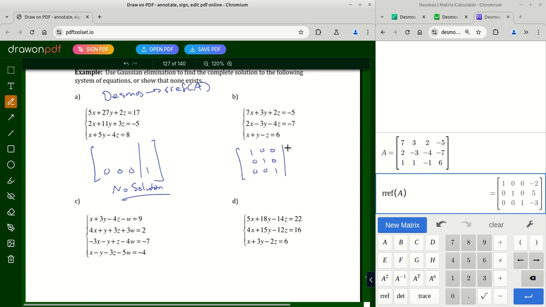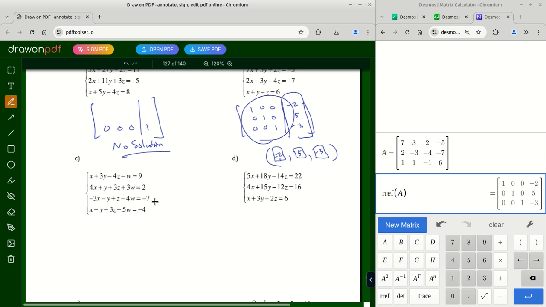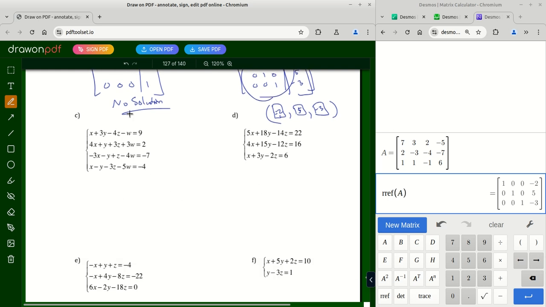So notice that we got the one solution answer. One solution, right? It's the usual regular thing. And then my answers are right here, and there's nothing else to do. We're done. So -2, 5, and then a -3. There it is. That was easy, right? So that's my math lab. You're done. Cool.